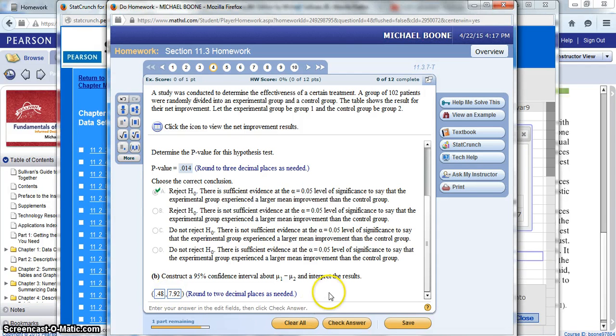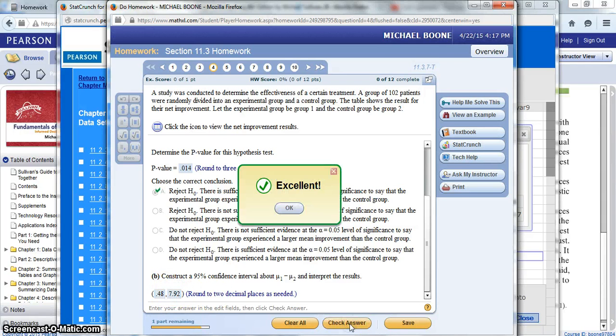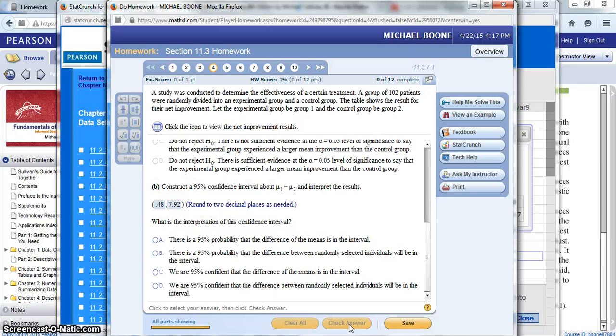Now, do you notice what's not in here? I don't see 0 in here, like the difference between them. Is it 0? We said no, we reject that the difference is equal to 0. And in here, this also says reject because 0 is not in here, right? So we are 95% confident that the difference of the means is in the interval.